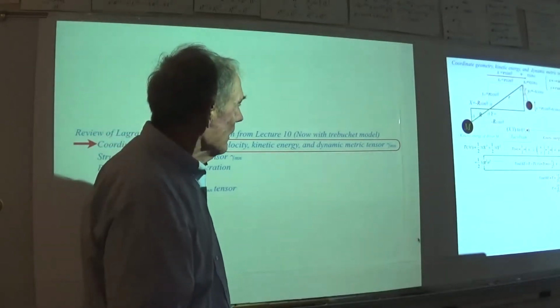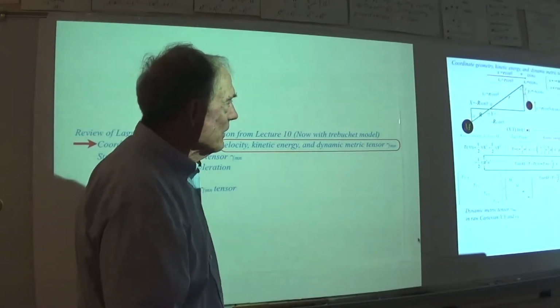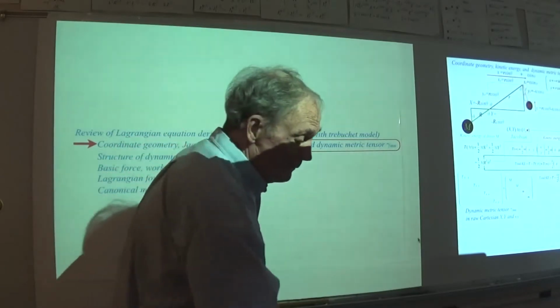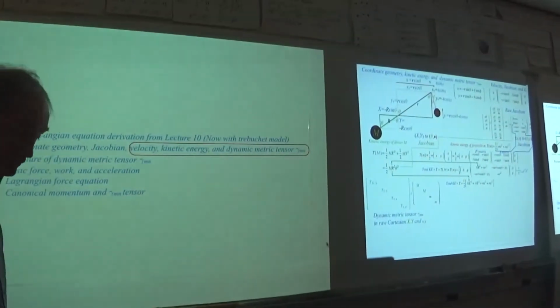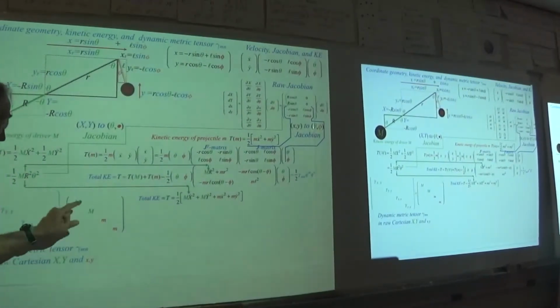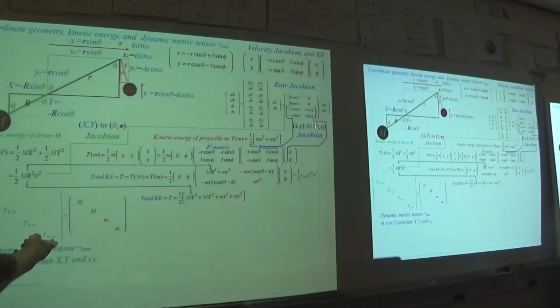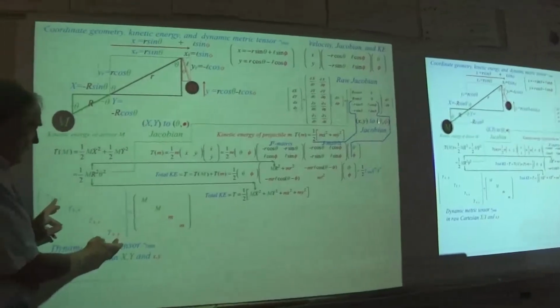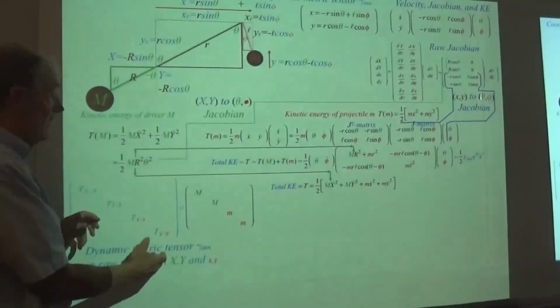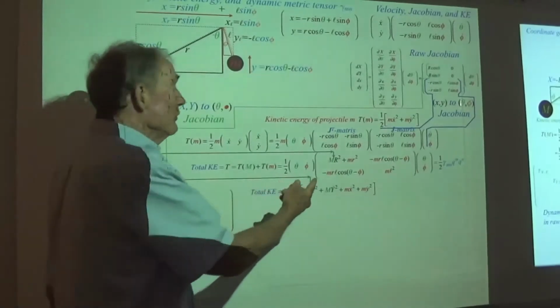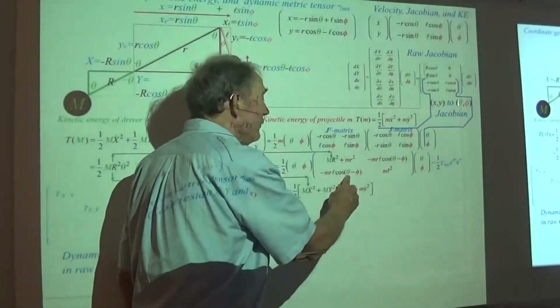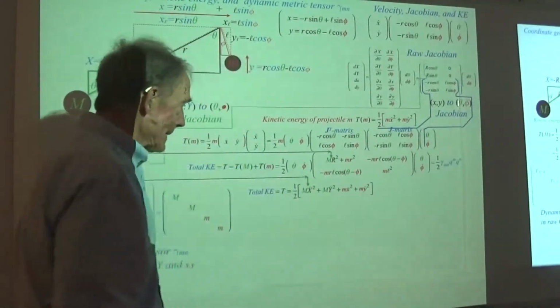So I'm selling that right here, you know, I'm being serious about this. We're taking this metric and we're going to transform that metric into the degrees of freedom coordinates, theta and phi.